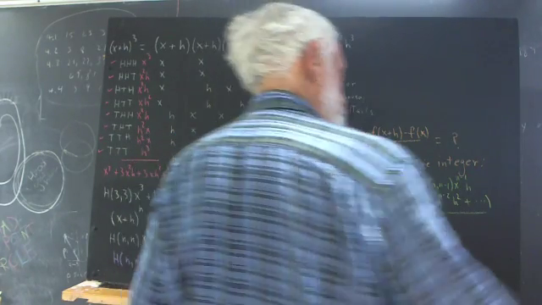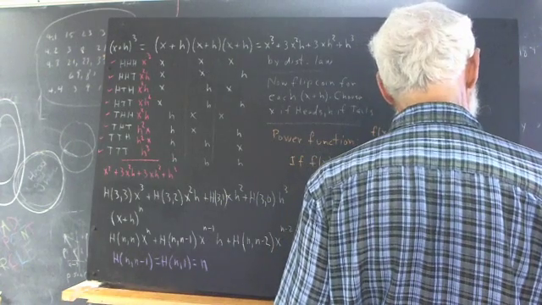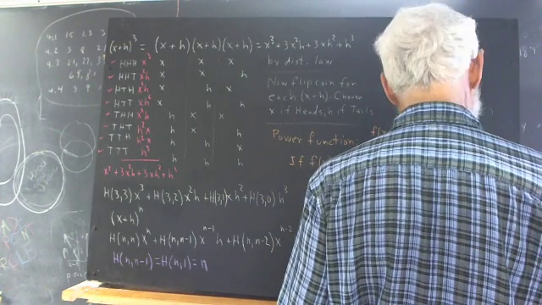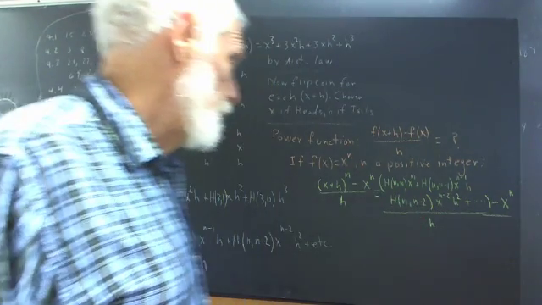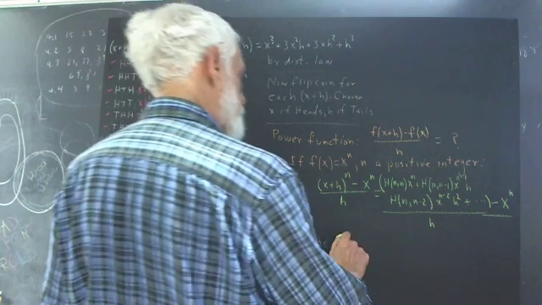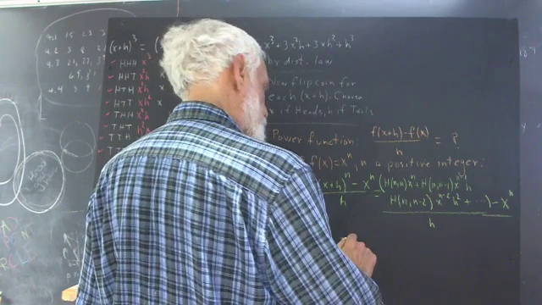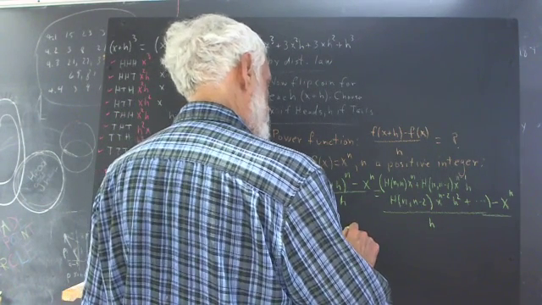Now of course we have minus x to the n. I was getting worried I was going to have to divide h by that. Well, H(n, n) is just 1.